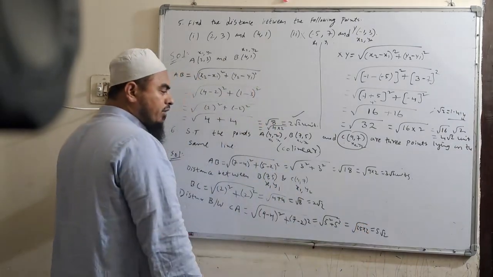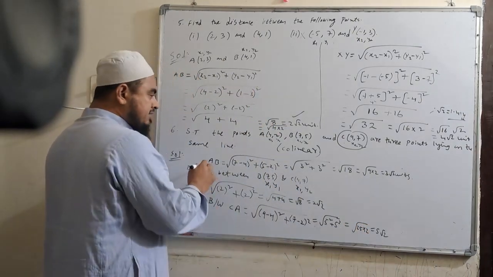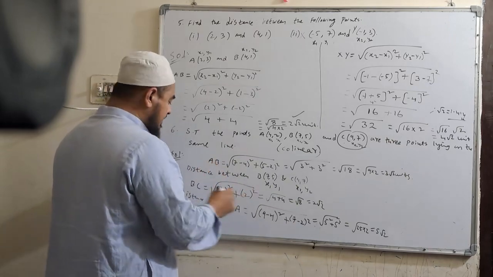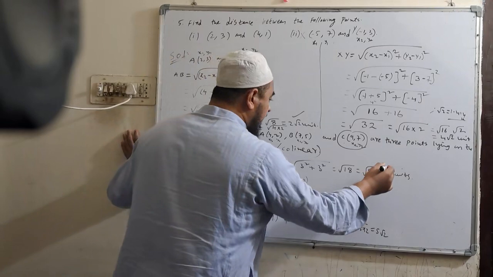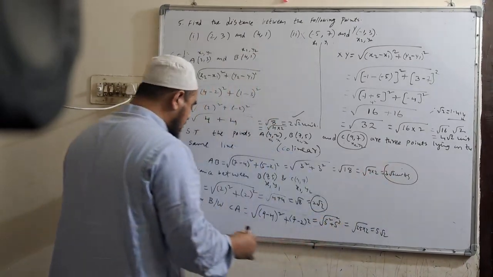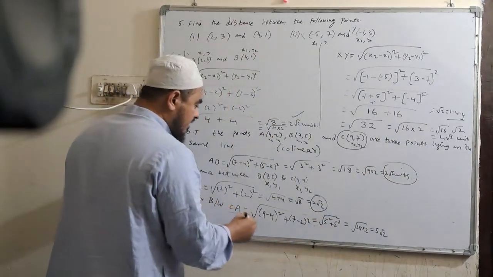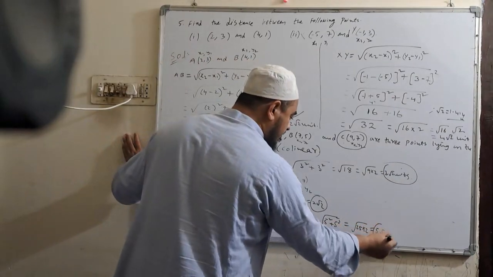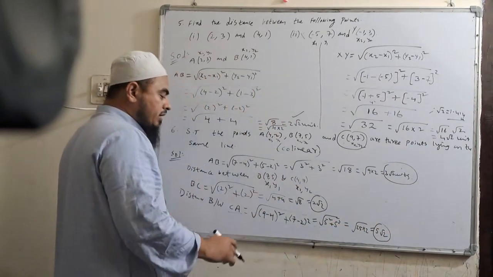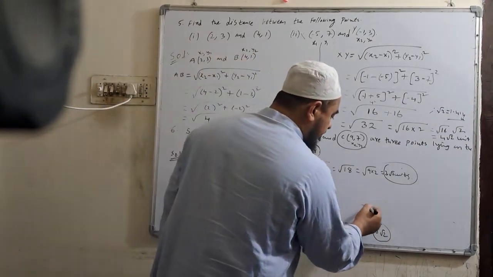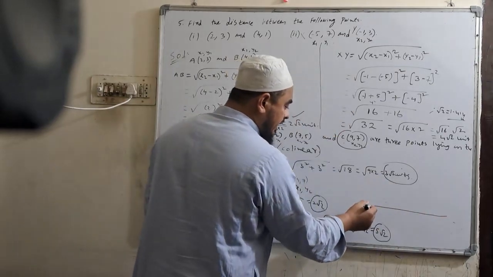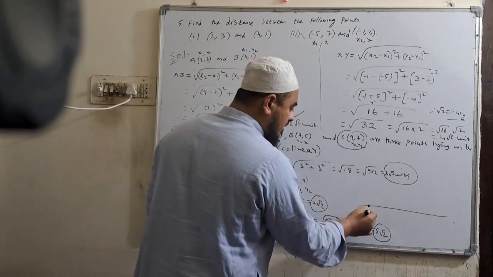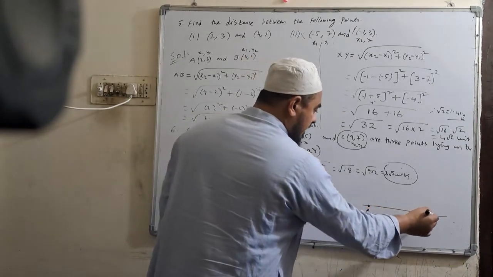Okay. Now if you observe here, the distance BC is 2 root 2, AB is 3 root 2, and finally CA or AC, both we get the same, 5 root 2. To understand this, we draw a straight line and take a point A here.